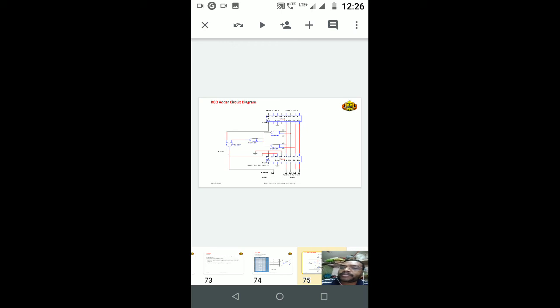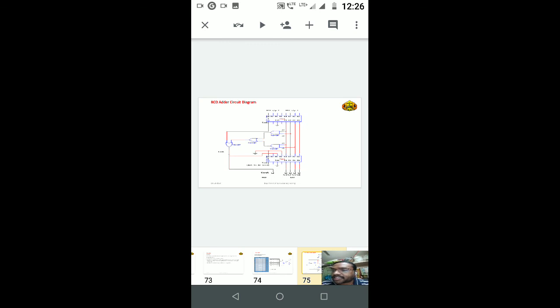First, take two BCD numbers whose result is 9 and no carry is generated. This is your first example. Then you take the second example whose result is greater than 9 and carry is generated. You implement the two examples onto this logic diagram and check whether your proper result came or not.